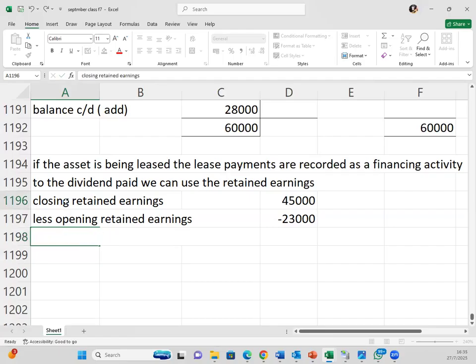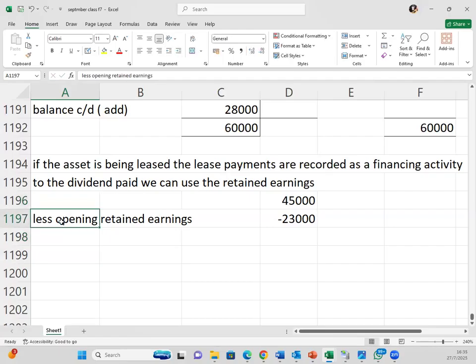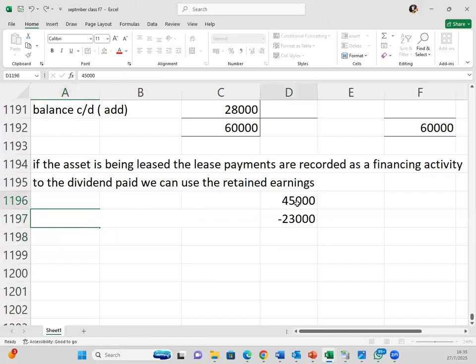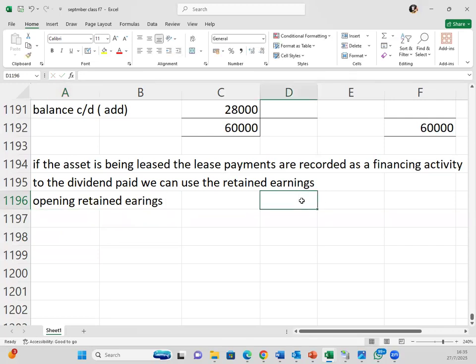Let's use the statement of changes in equity. We say the opening retained earnings, let's say 24,000.